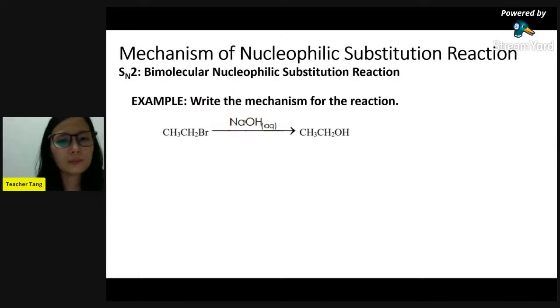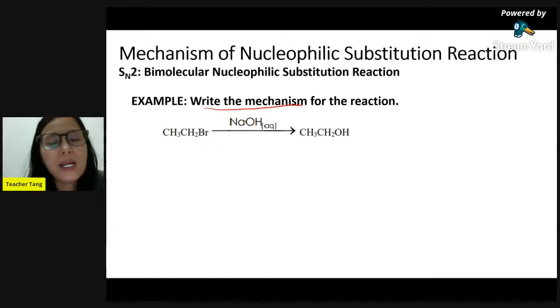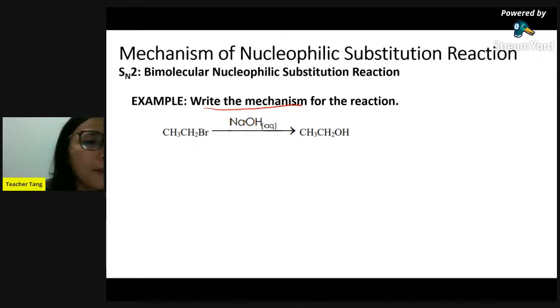So now we move on to look at how to write the mechanism for the SN2 reaction. Okay, so again, how do we know whether that particular haloalkane will proceed through SN1 or SN2? So for SN2, first we need to determine the class of the haloalkane. Like for example, for this haloalkane, it is attached to two hydrogens, so it means one alkyl group.